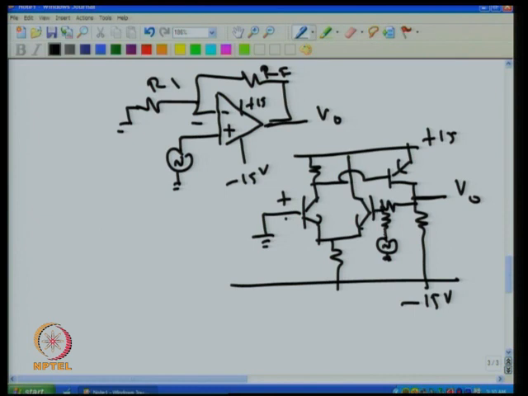If this has to become 0, that means this and this have to be out of phase, 180 degrees out of phase, and then according to the resistance ratio, the output also has to come in. Now that's what happens in the case of the inverting amplifier.